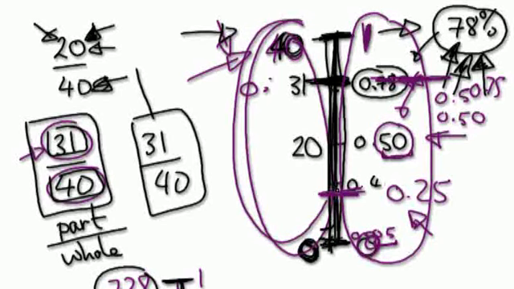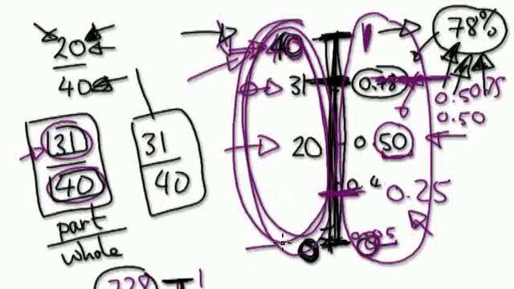On the left-hand side we represent our real life value. So here it represents 40 questions, 31 questions, 20 questions, 0 questions. In the next video I will give you some more examples.